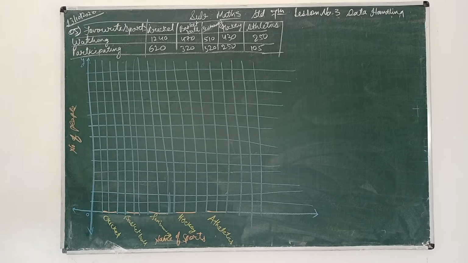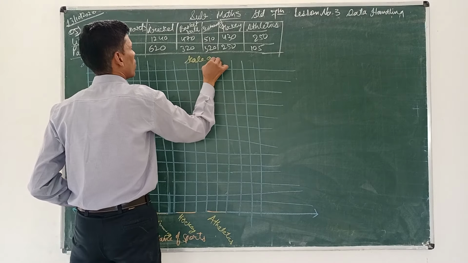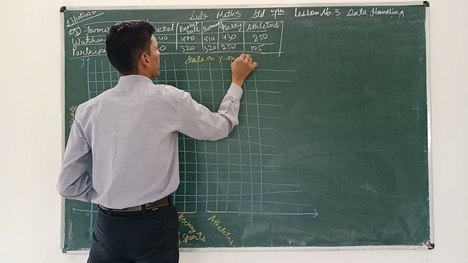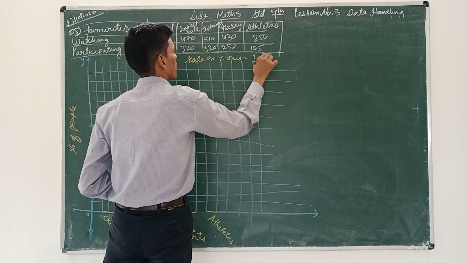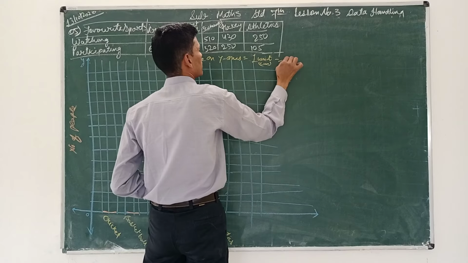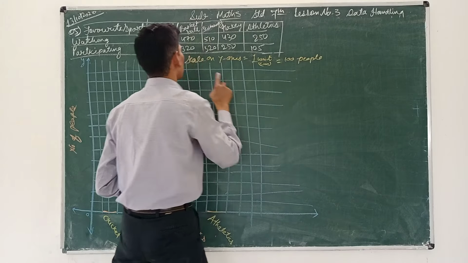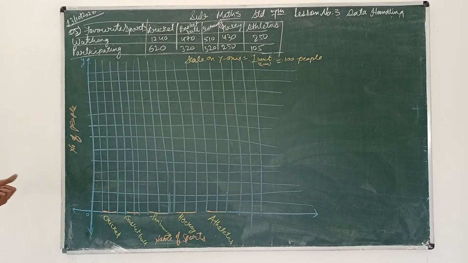Now we have to take the graph scale. First of all, scale on y-axis is 1 unit, that means centimeter is 100 people. Why I am taking 100? Because it is up to 1240.